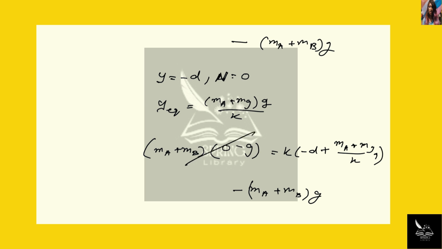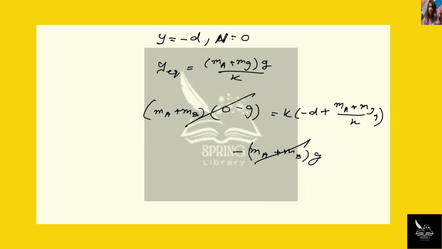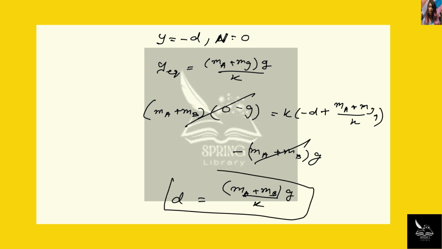So this can be cancelled. So D will be equal to (Ma + Mb) times g over K. So this is the value of D you will be having.